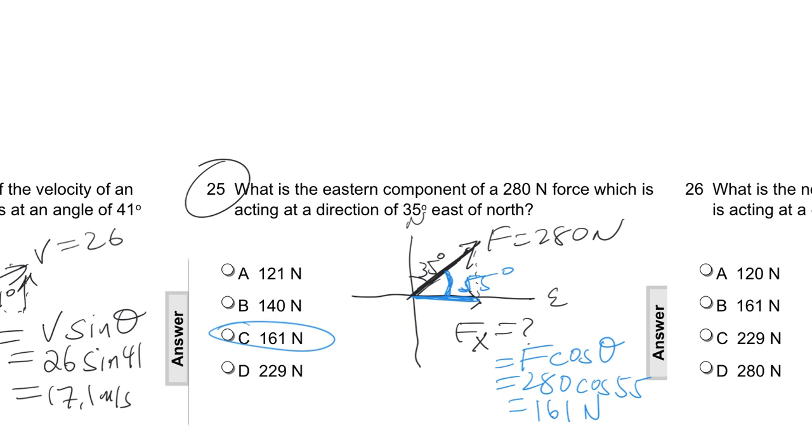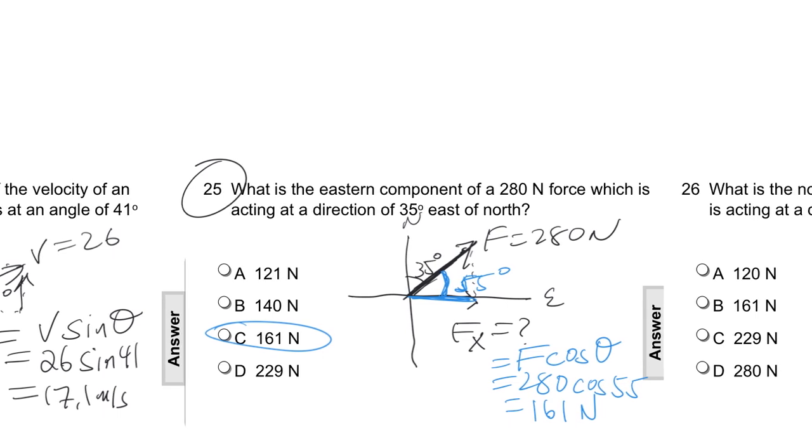Now, if you want to use 35 degrees, you could. I mean, no one says you can't. Then you can say it would be the opposite side. So Fx would be the opposite side, relative to this 35 degree angle.